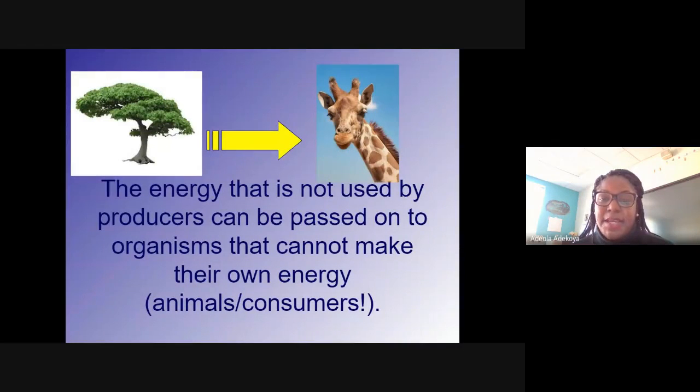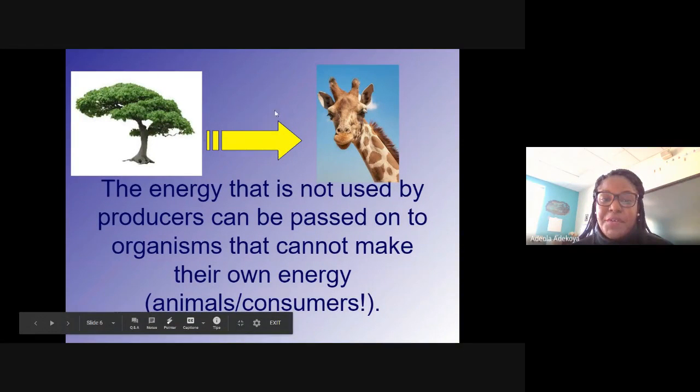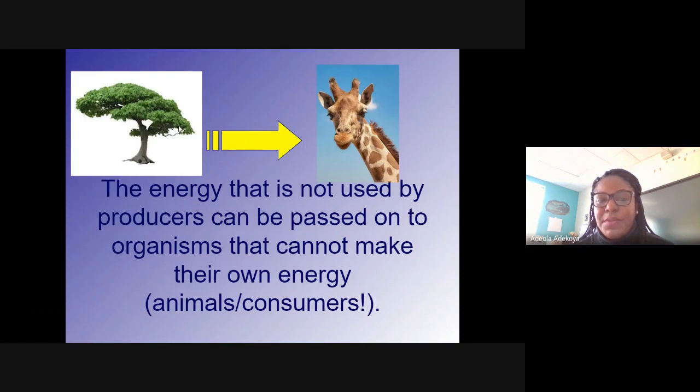All right. Now, this arrow right here shows you the flow of energy. So the energy, the food, flows from this producer to this organism over here, from the tree to the giraffe. Now, whatever energy is stored and is not used by the producer is what ends up being passed on to the organism that eats it.